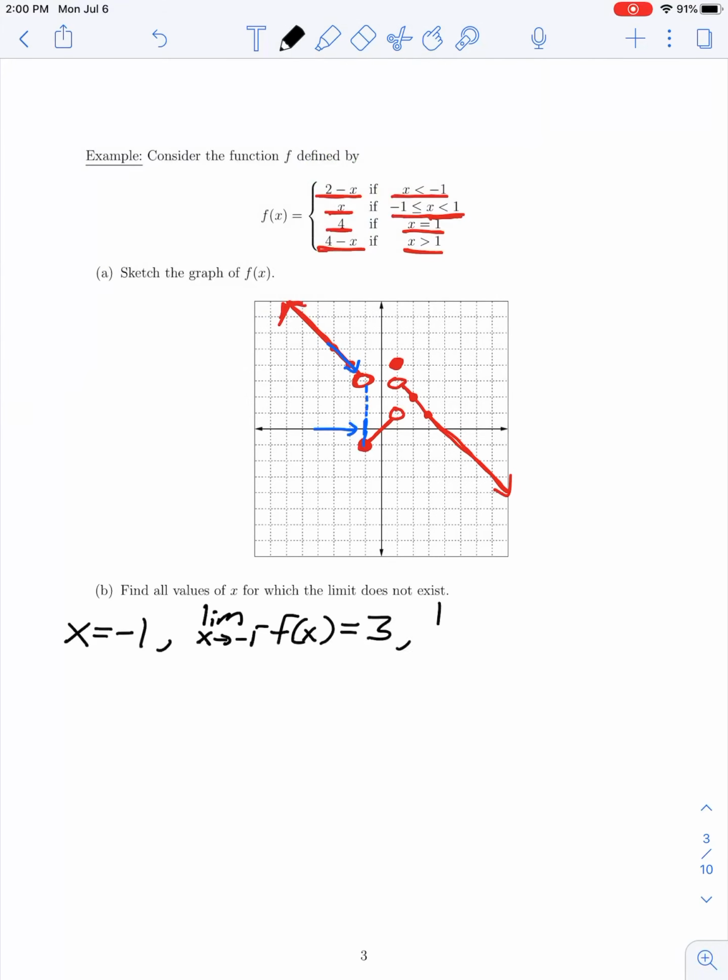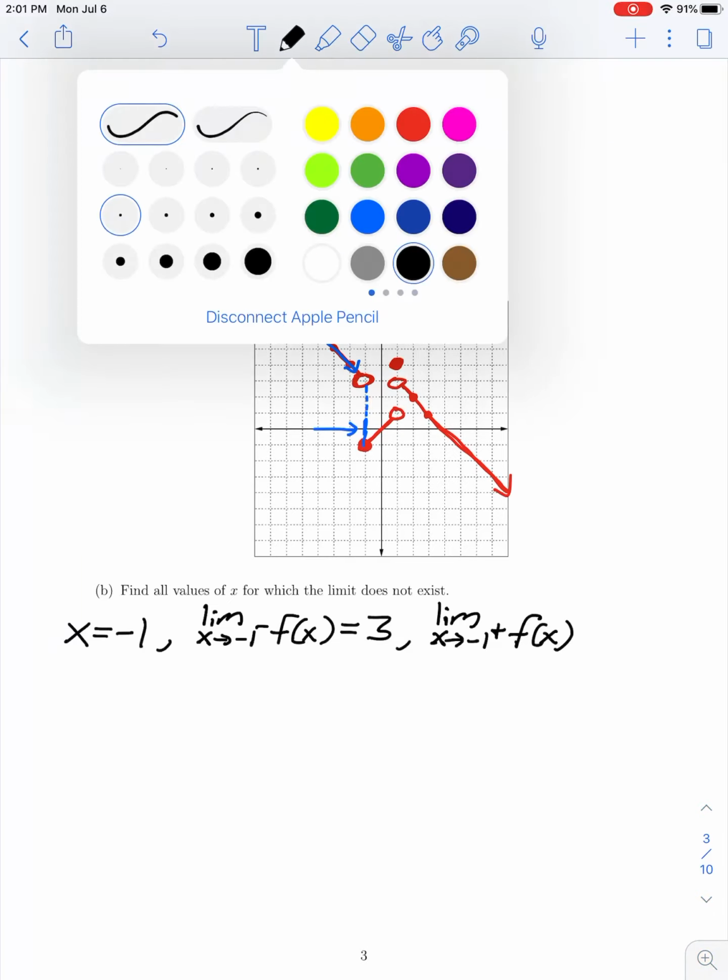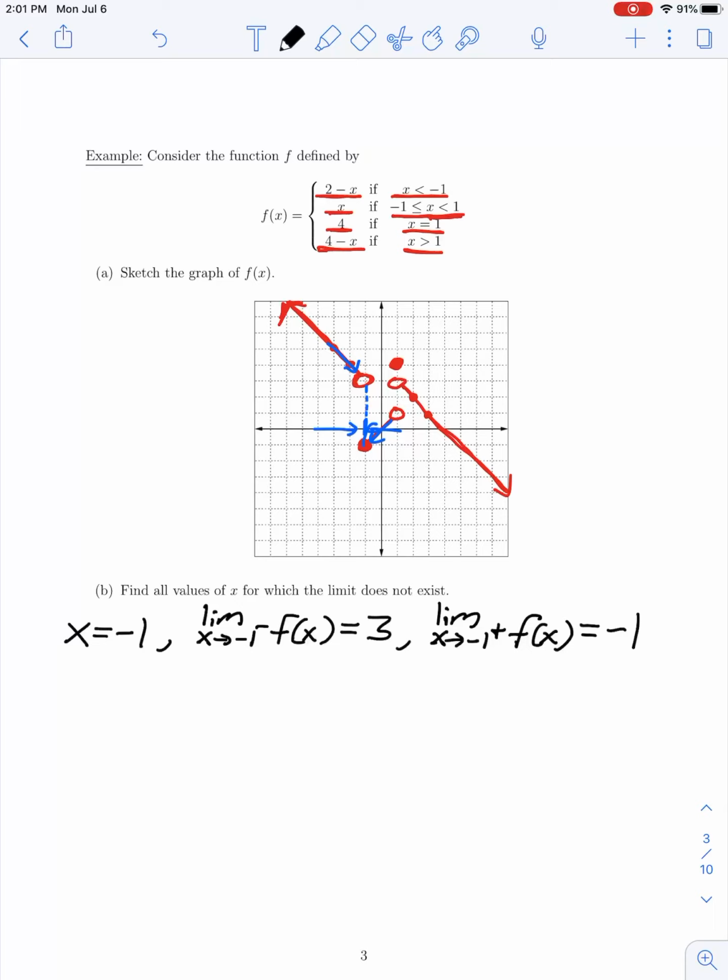And the right-hand limit of the function as x is approaching -1, we can see is closing in on -1. So since we do not have a left and right hand limit which agree, the limit itself, or the two-sided limit, does not exist.